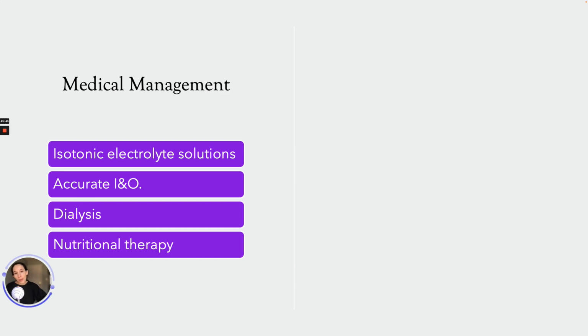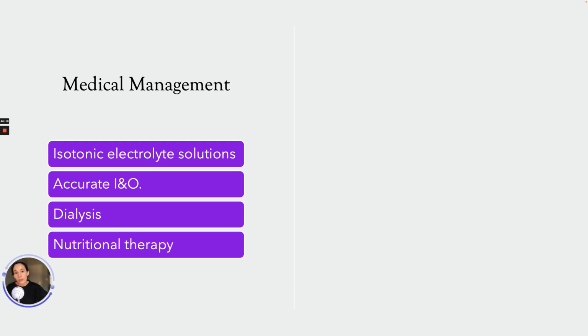So our medical management is going to include isotonic electrolyte solutions. These are used to treat hypotensive patients with fluid volume deficit because they expand plasma volume. We're going to do accurate I&Os and frequent assessments of I&O to prevent volume deficit or overload.